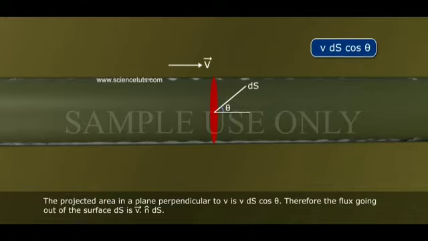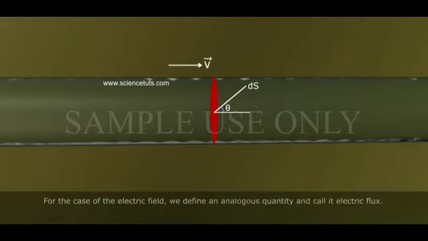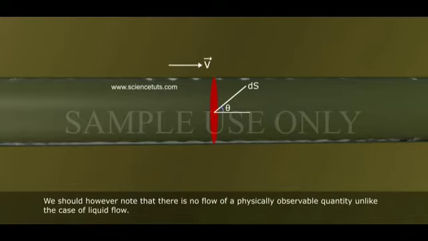Therefore, the flux going out of the surface ds is v bar dot n cap ds. For the case of the electric field, we define an analogous quantity and call it electric flux. We should, however, note that there is no flow of a physically observable quantity, unlike the case of liquid flow.